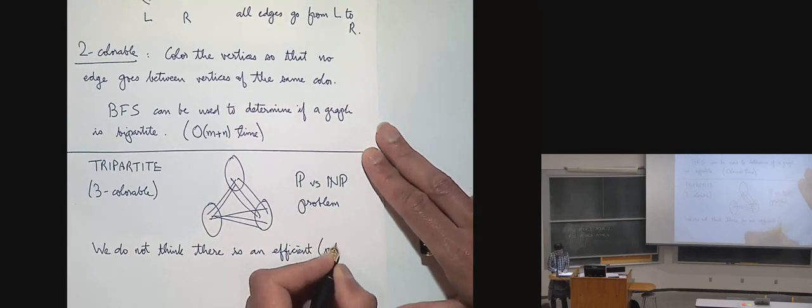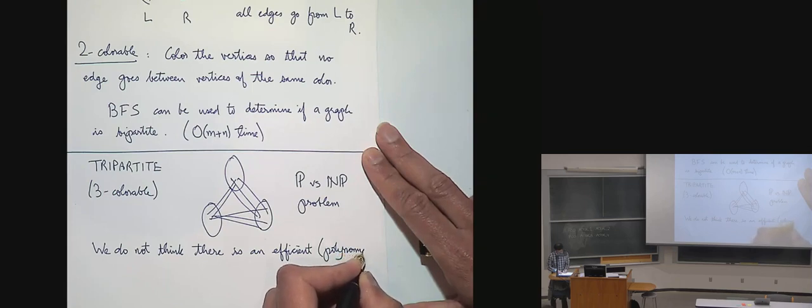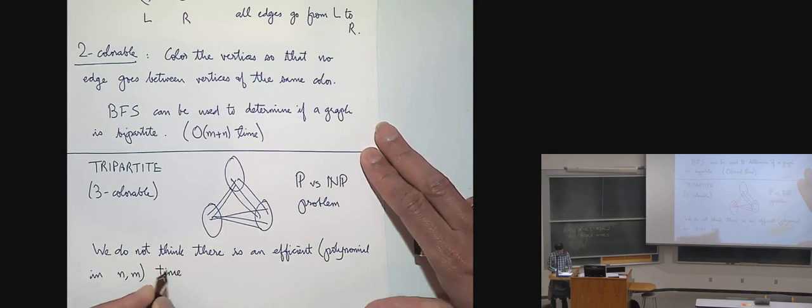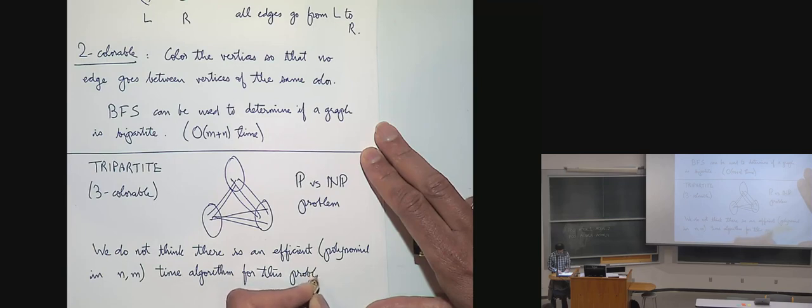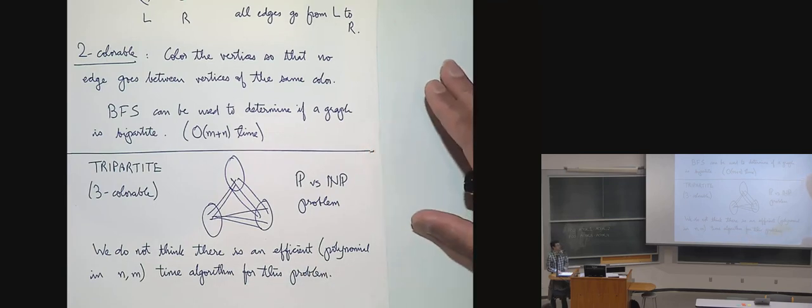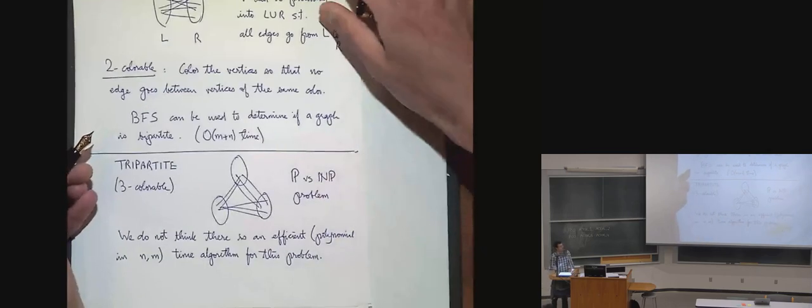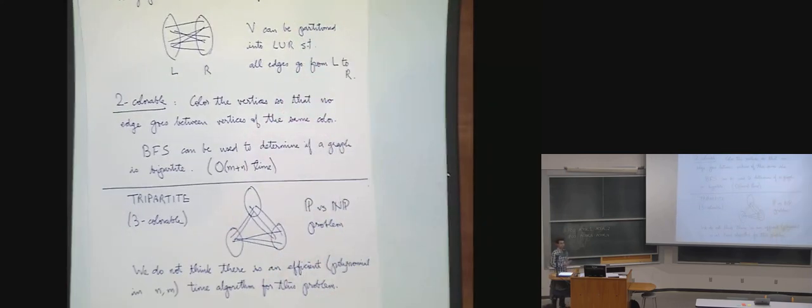By efficient, I mean something that runs in polynomial time in n and m. So it's kind of crazy that for this problem, there's something that you learn in your first graduate algorithms course, you see an algorithm to do it. But whether you could break it into 3 parts, we don't have any efficient algorithm.